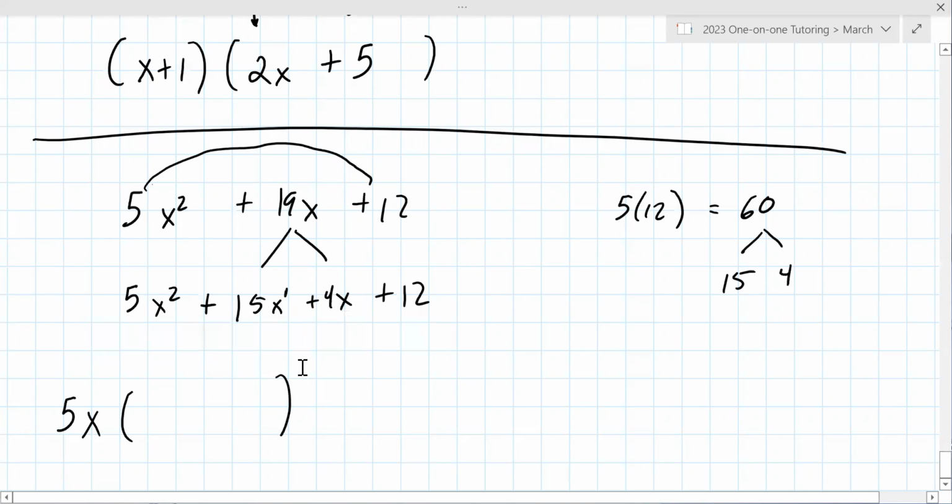So can you tell me what goes inside parentheses when you divide each of those by 5x? So it would be x, and then 3. Good. And then you immediately write that over here to the right.